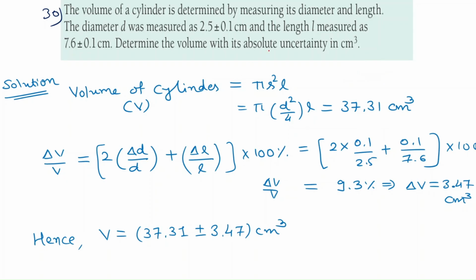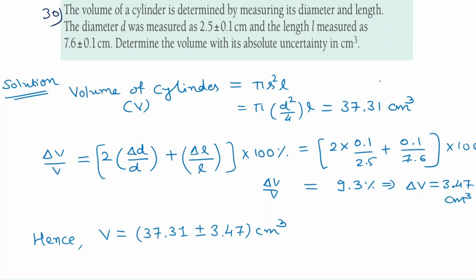For the absolute uncertainty in centimeter cube, the formula is like this: V equals pi r squared L. We already saw some questions like this. You just remove the constant, because delta pi is meaningless; it has a certain value.